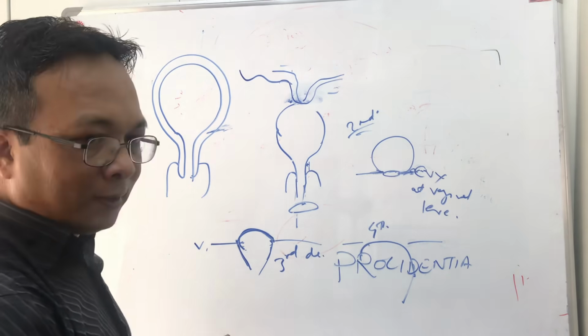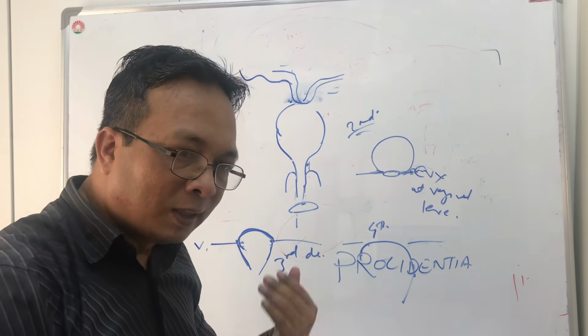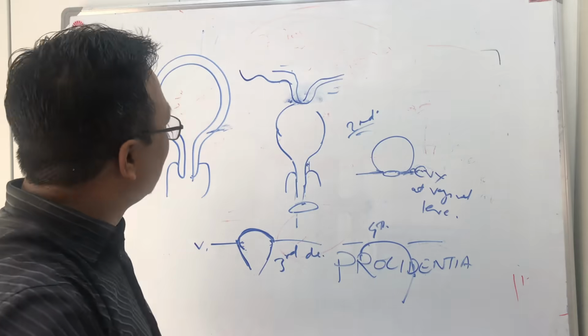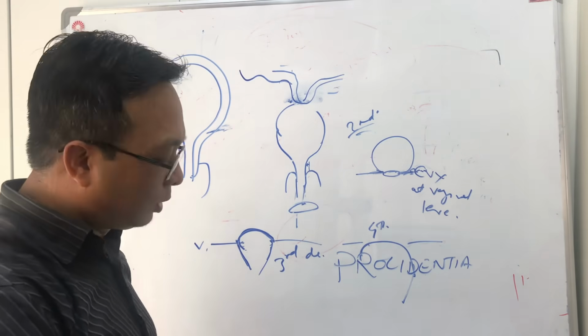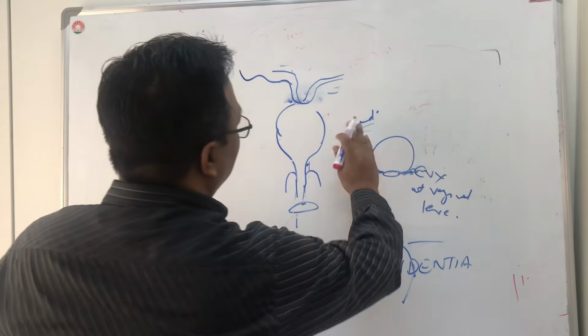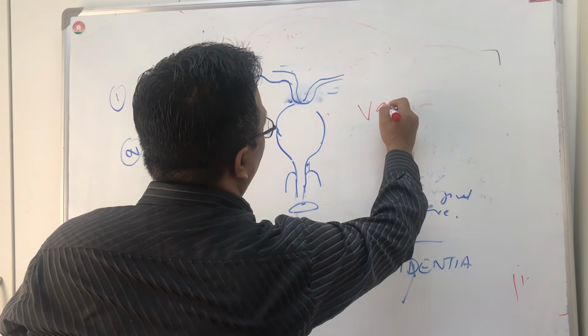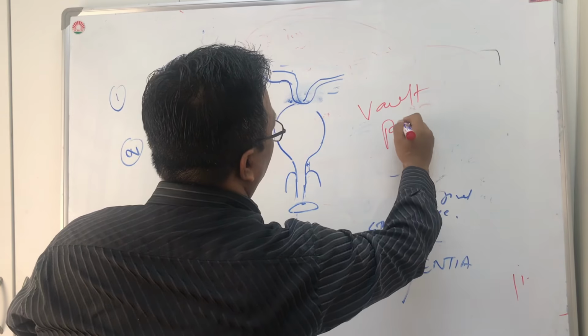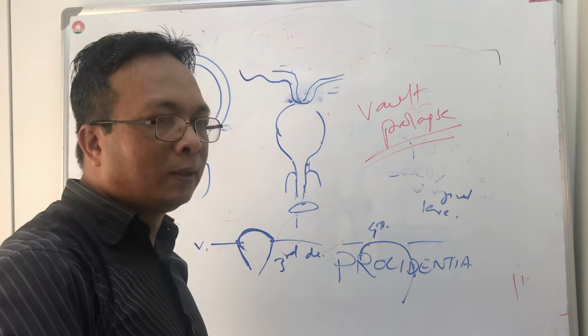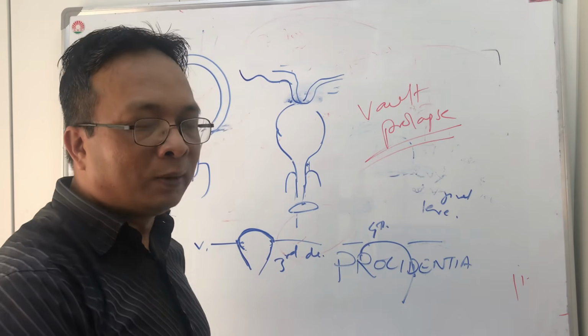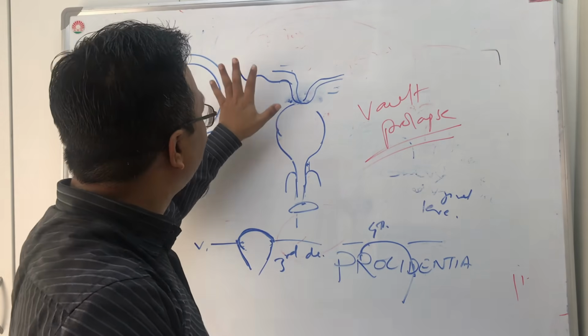So what is the surgical treatment here? I will just mention the names of the operations. Another question that comes is, what is a vault prolapse? Vault prolapse most commonly occurs post hysterectomy. Suppose you have done a hysterectomy.